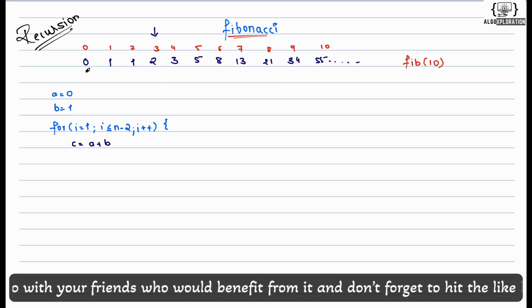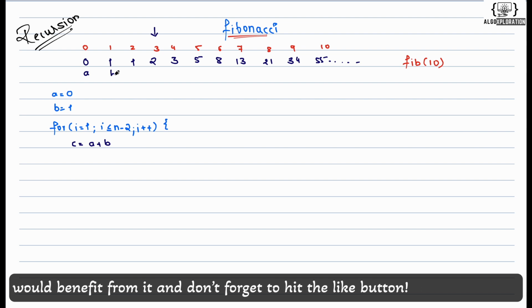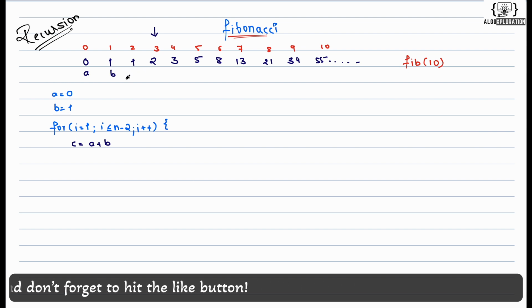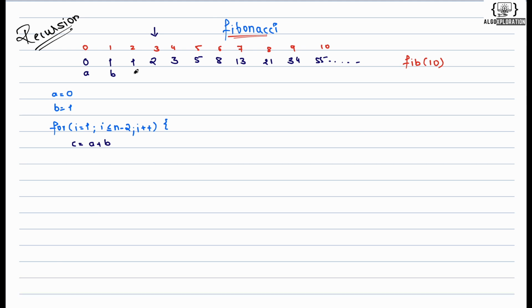Initially a was here and b was 1 here, and I got to know c, and the value of c will be 1, that means a plus b. Now whenever I want to find the next Fibonacci, I need to take a as this one and b as this one. So due to that, the value of a will be b and the value of b will be c. That's it.